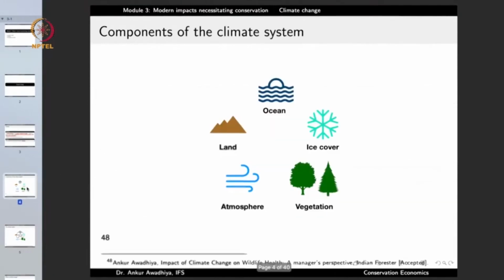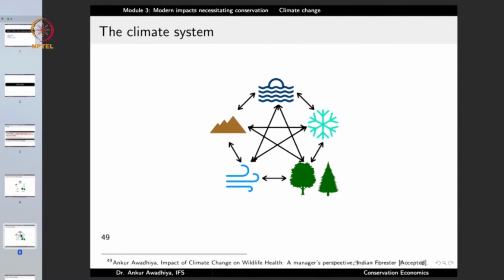So, how does climate act? There are five components of the climate system. We have the ocean or the hydrosphere, we have land or the lithosphere, we have the winds or the atmosphere, we have the biotic components or the biosphere, and we have the ice or the snow cover, which is the cryosphere. So there are these five different components of the climatic system, and all five of these interact with each other continuously.